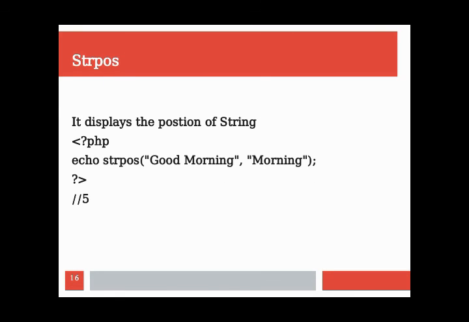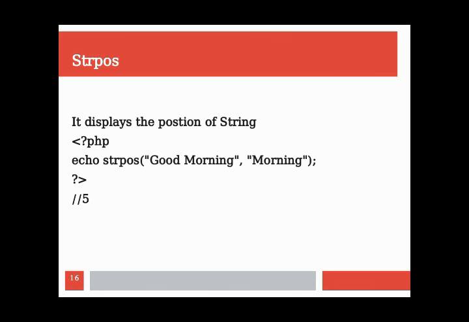The next is strpos, that is string position. It displays the position of the string. Again in our PHP program, we'll see the display statement with echo strpos, that means we are using this function. In brackets, within double quotes "good morning", comma, again within double quotes "morning", bracket complete, semicolon, and end of the PHP tag.